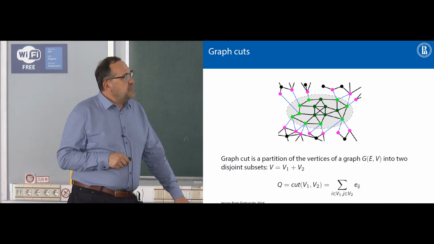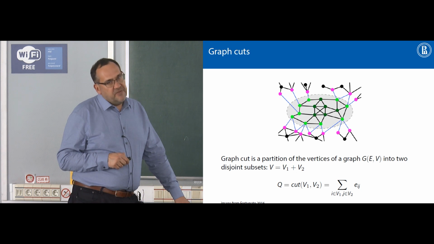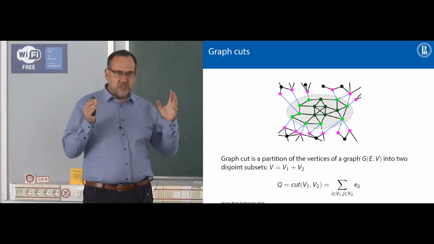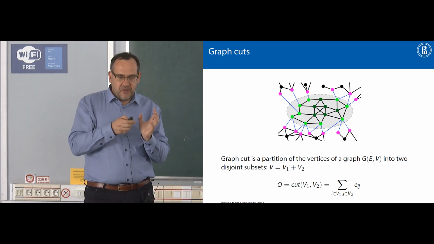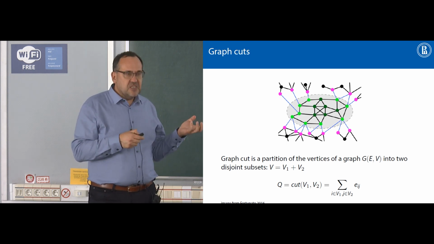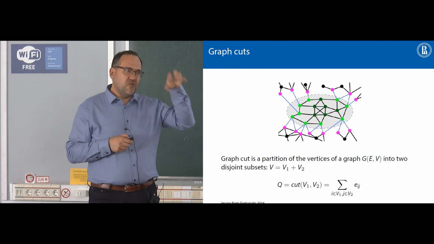Sometimes cut can be a good metric, sometimes not a very good metric, because if I just count the cut, which is the number of edges I need to remove to cut out a piece of the graph, I don't take into account how many nodes will be within that piece that I remove.